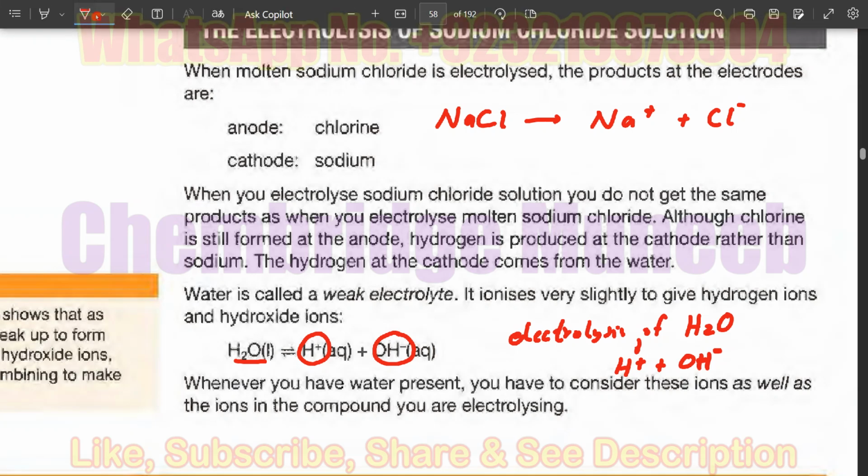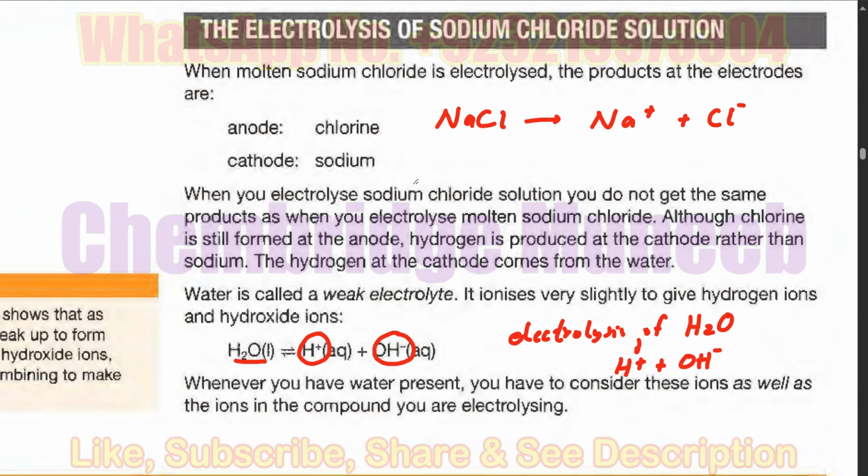Which two positive ions are there? I'm saying that there are now two positive ions and two negative ions in this case. Can you tell me which are those two positive ions?